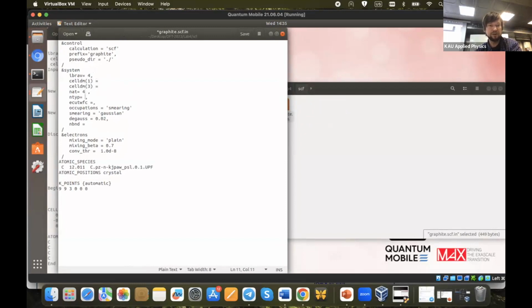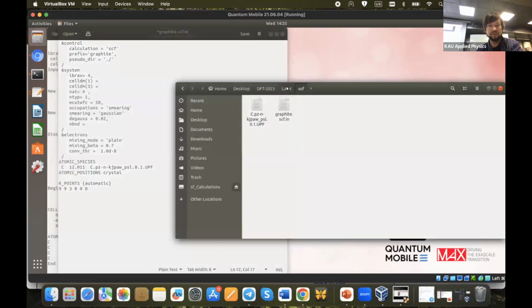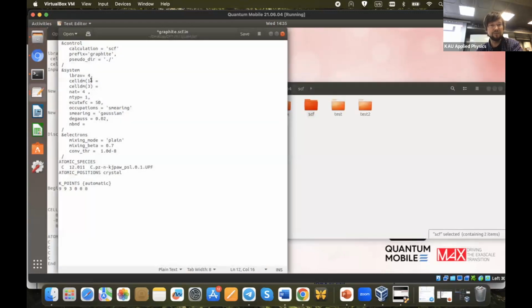Atom for type 1, 50, atomic coordinates. And I have new cell DM1 and cell DM3. Folder SCF, just common graphite SCF in file. And I should take cell DM1 and 3 from the output of the relaxation file.